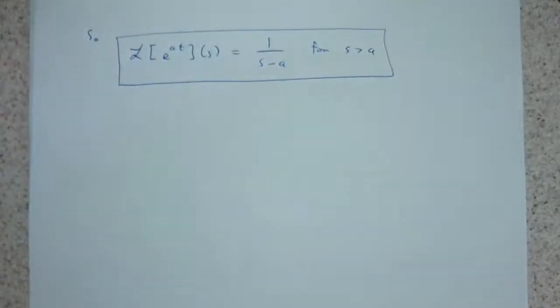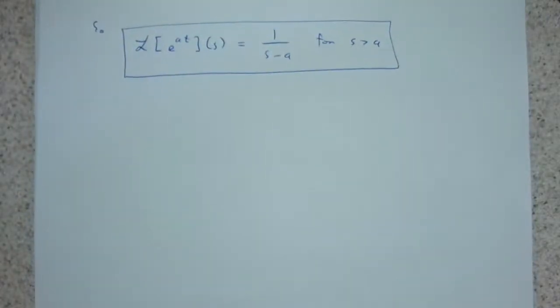This thing is only defined when s is bigger than a. And when s is bigger than a, this Laplace transform is 1 over s minus a. Okay, so that's an example of how this is done.